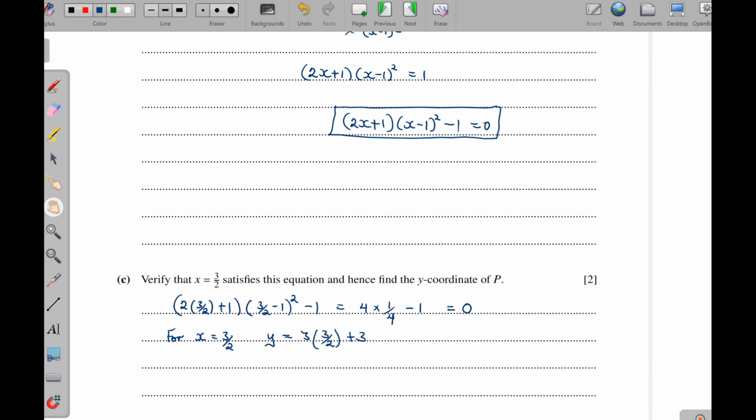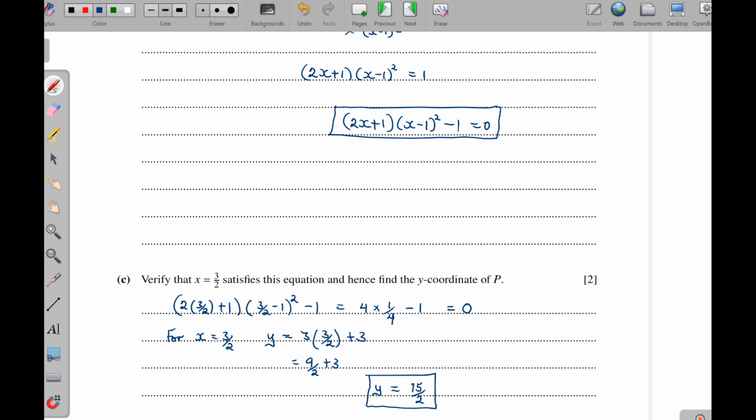So this one here is going to be what? 9 over 2, then plus 3. So 2 times 3, that is a 6, then plus 9, that is a 15. So that means the y coordinate of P is going to be equal to 15 over 2, which you can write as 7.5, whatever.